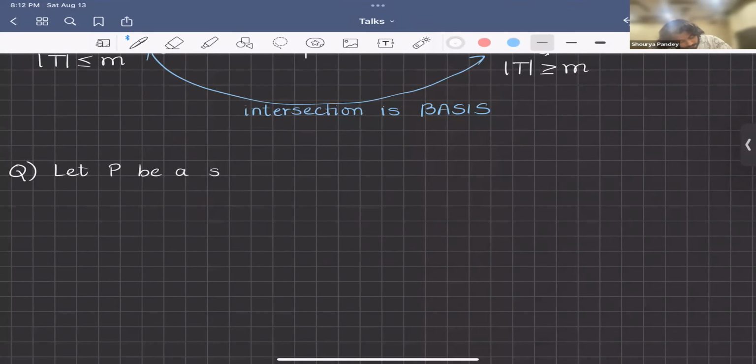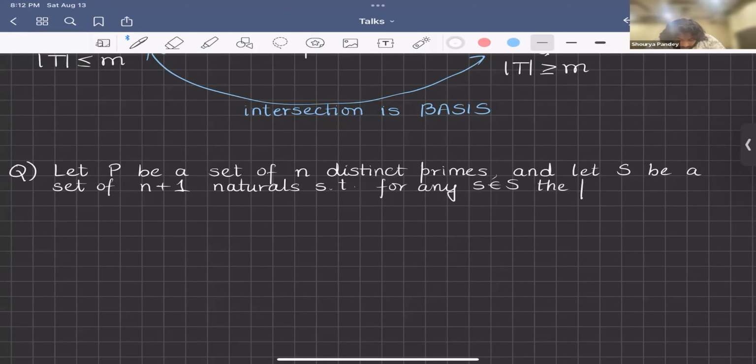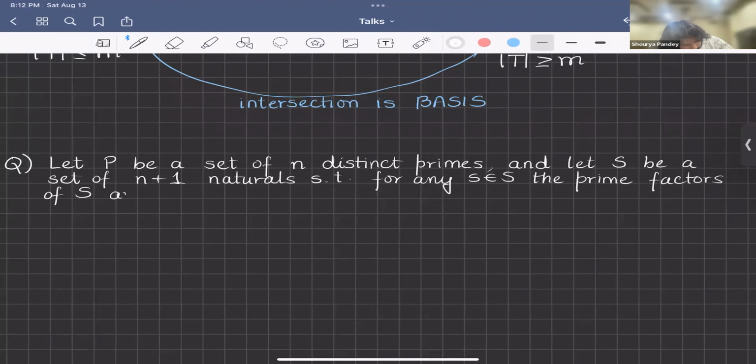Let P be a set of n distinct primes, and let S be a set of n+1 naturals such that for any s in S, the prime factors of s are in P.